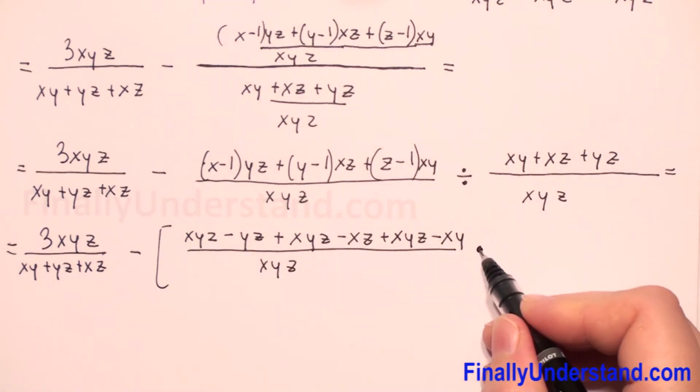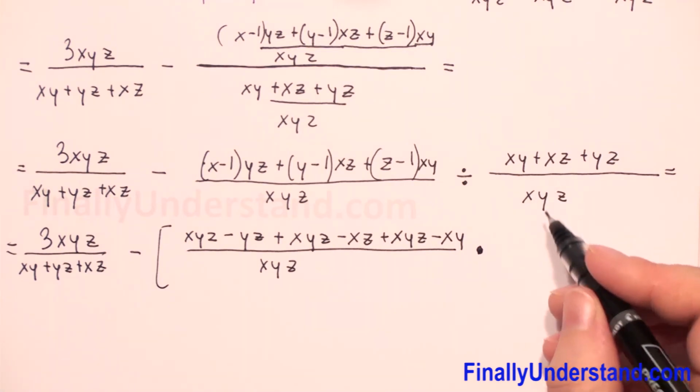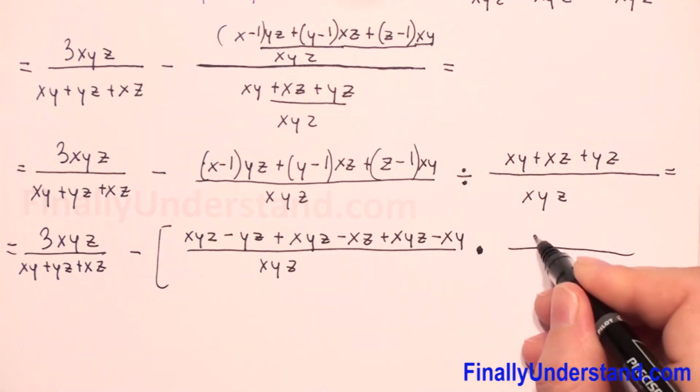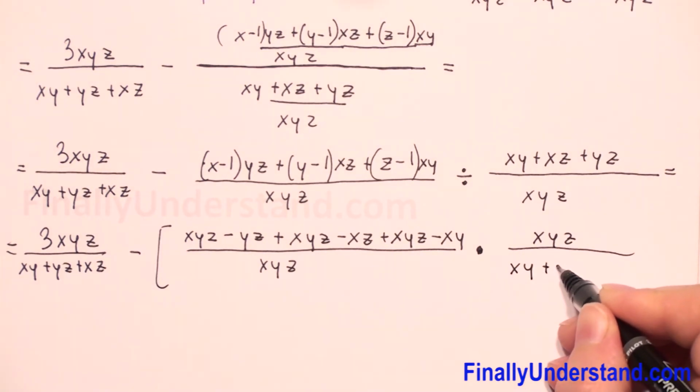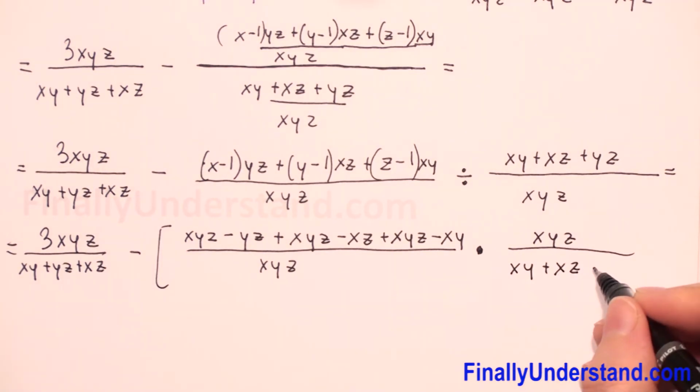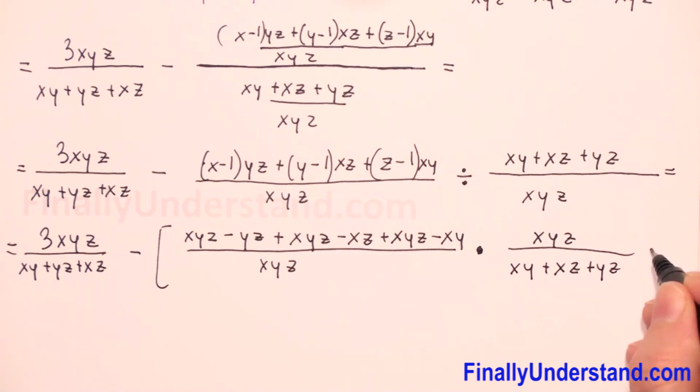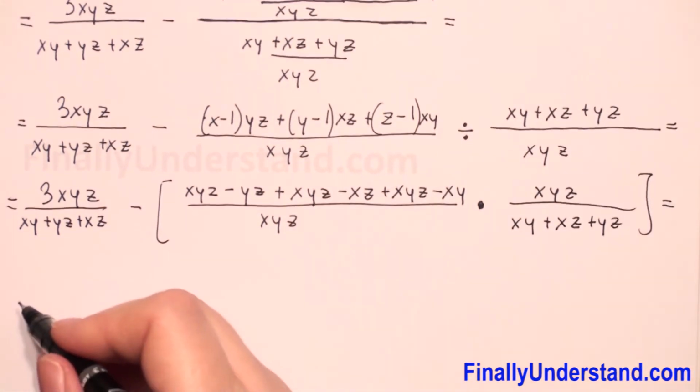Division we change to multiplication, and we flip the second fraction, so it will be xyz over xy plus xz plus yz, close brackets. So this is equal.